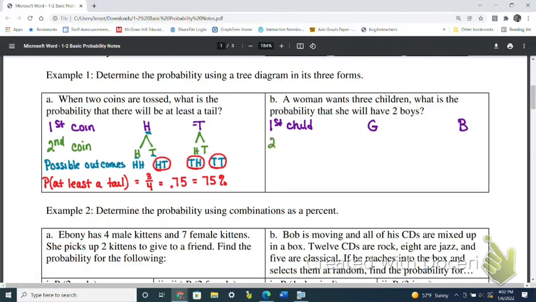And now I'm going to have a second child, and that child can be a girl or a boy. And finally, I have a third child, and that can be a girl or a boy.